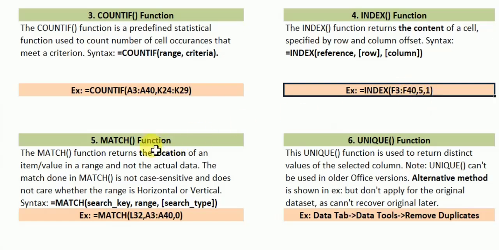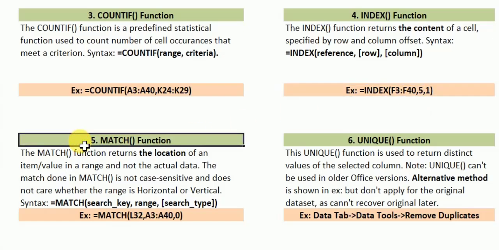Fine. Next we will see what the match function will do. Match function returns the location of the value in the range and not the actual data. Remember, the match function will return the location.